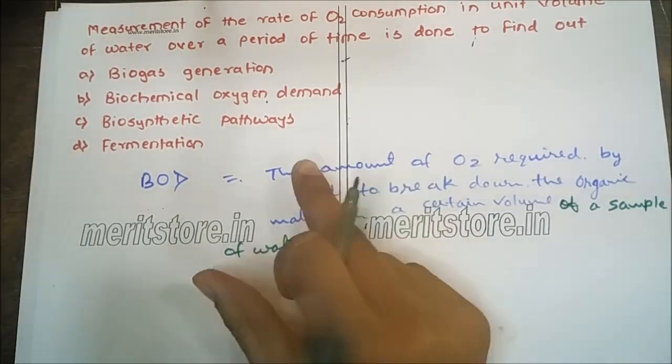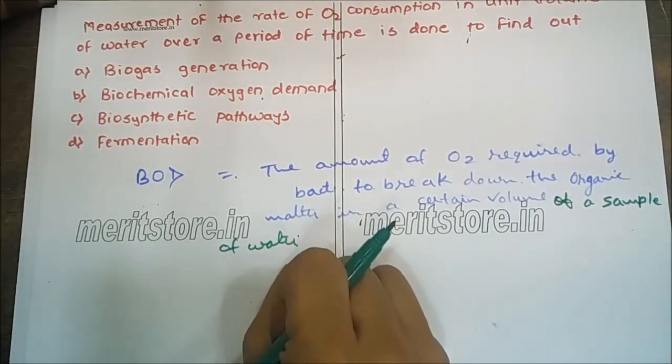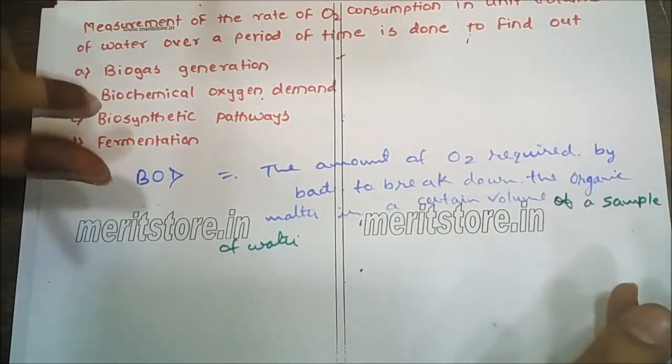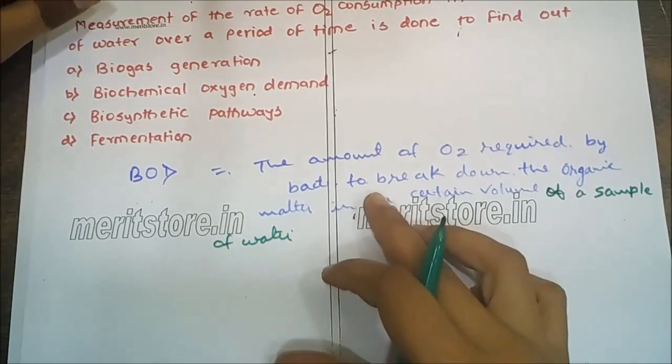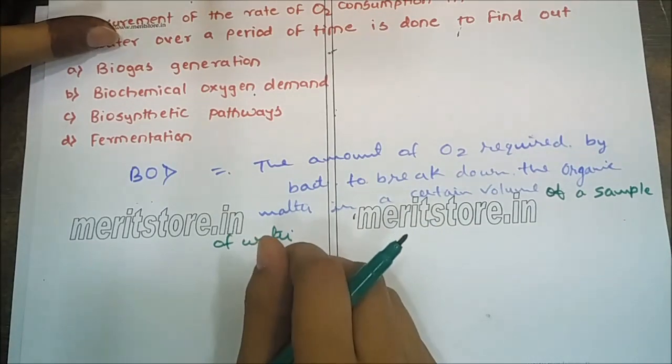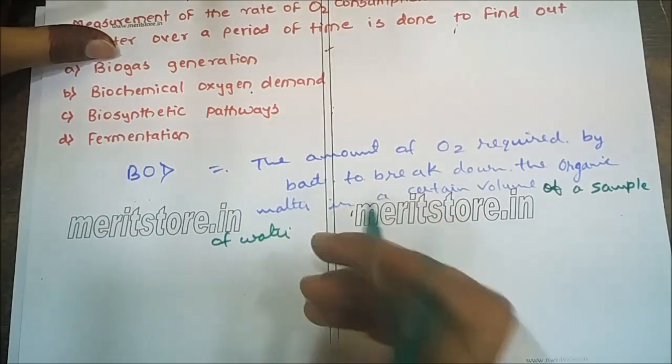So the BOD is the amount of oxygen required by that bacteria to break down that organic material present in the polluted water, and it is the measure of the amount of organic matter in water.